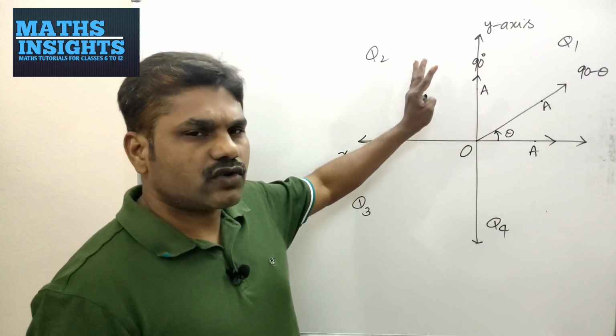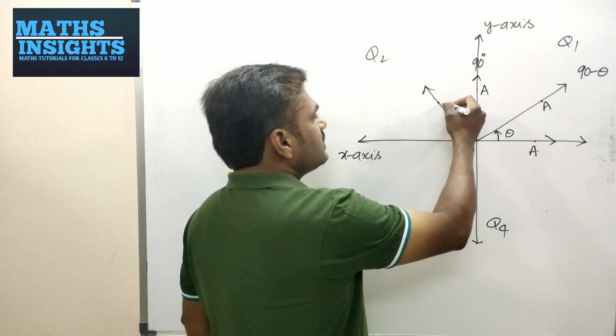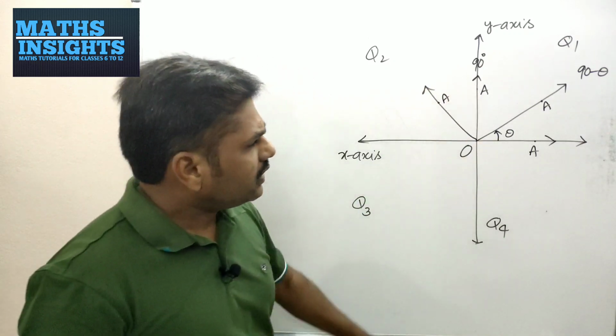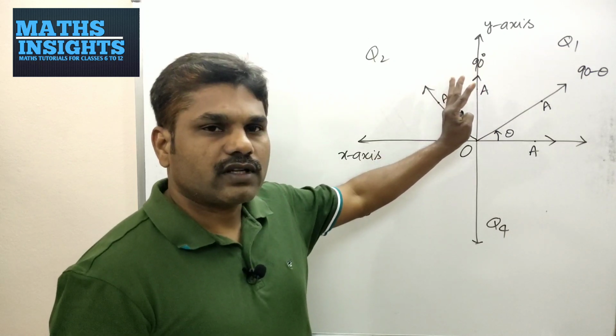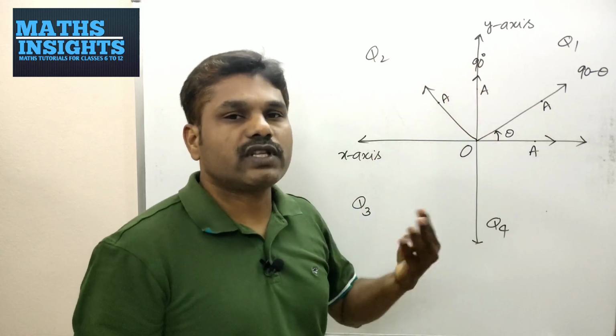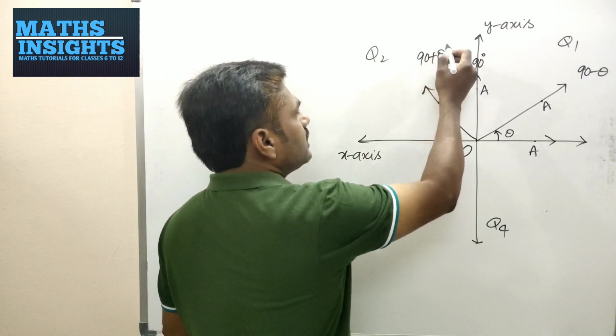It continues its rotation. Suppose it is here, then this is A. After completion of 90 degrees, it moved further, then the angle will become more than 90, so you may write it as 90 plus theta.